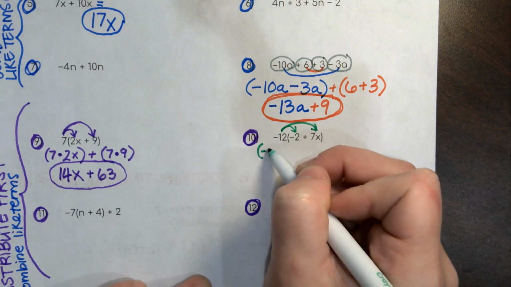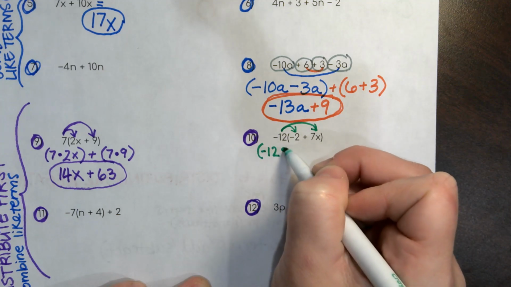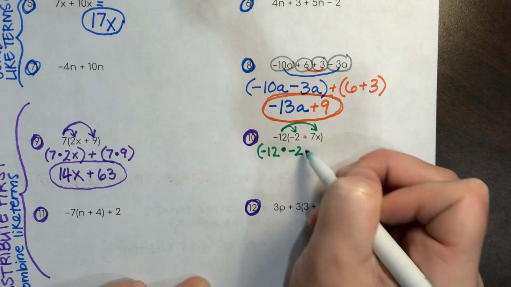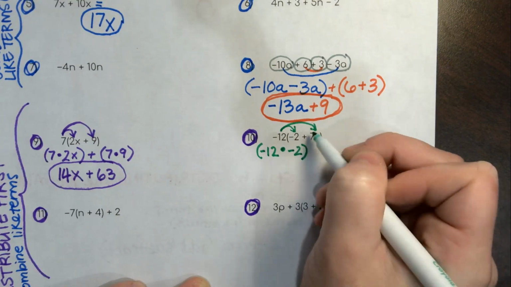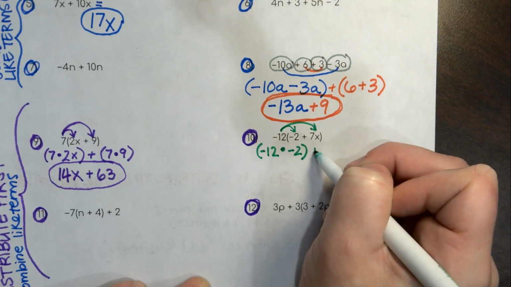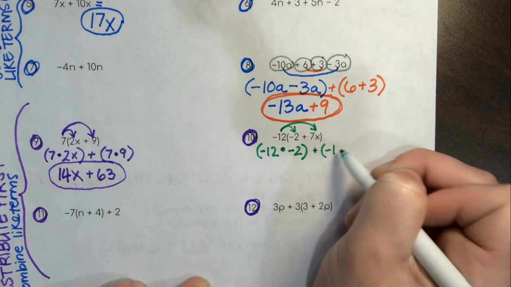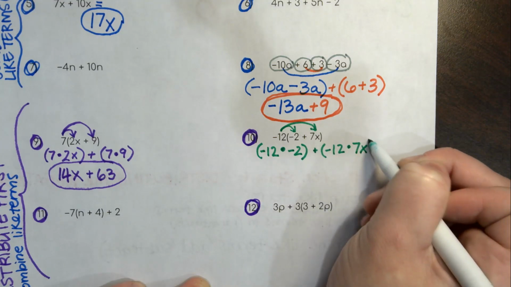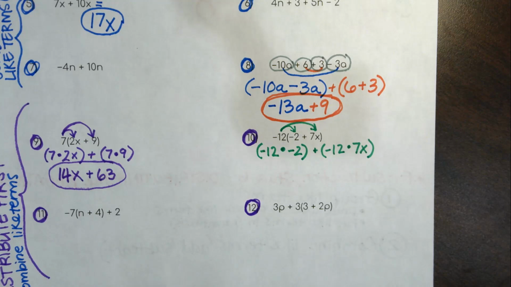I'm going to write them out just so that everybody can see the process. Negative 12 times negative 2. And then my other part is going to be negative 12 times 7x. Okay, let's solve the first part. What is negative 12 times negative 2?